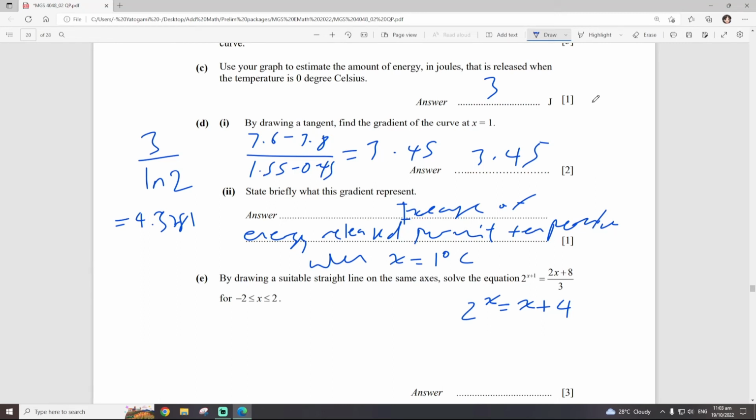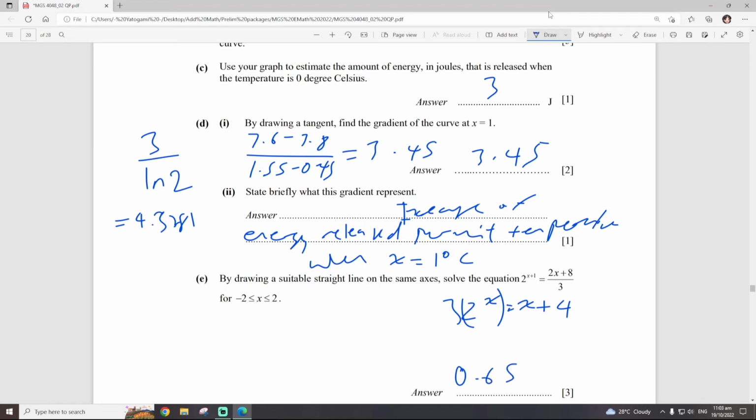Although, oh sorry, it's a 3. Oh, I forgot. This is actually 3 times 2 power x. Sorry. Okay. So the solution for this is approximately 0.65 based on what I've drawn.